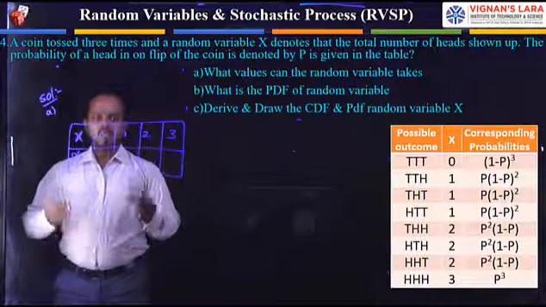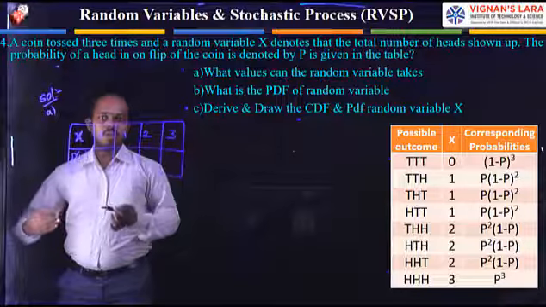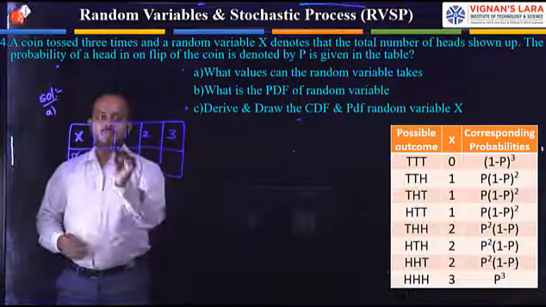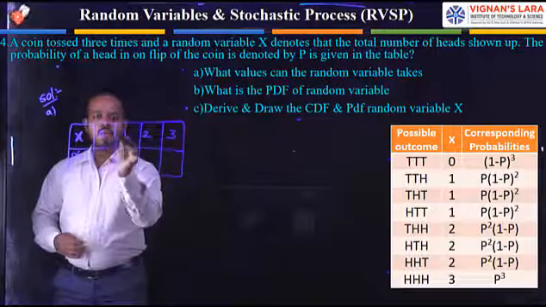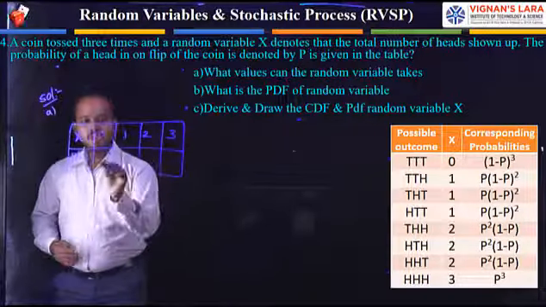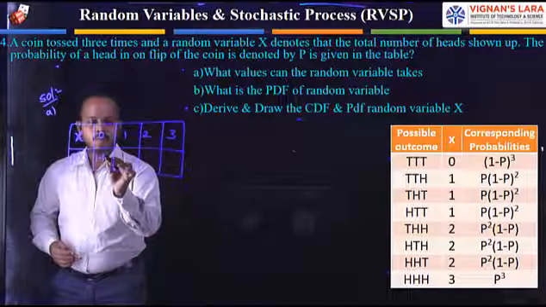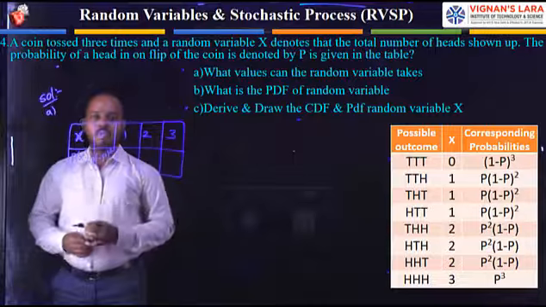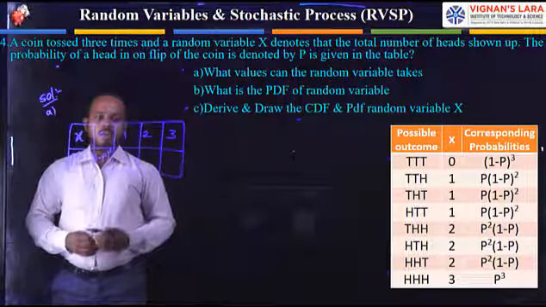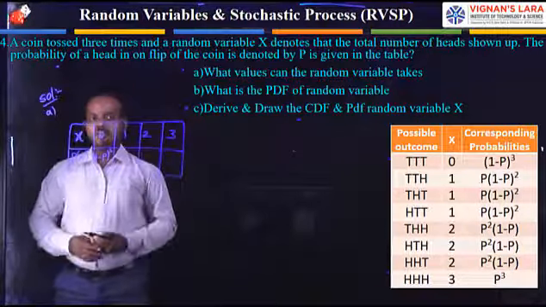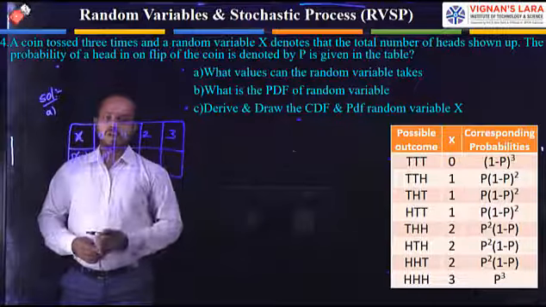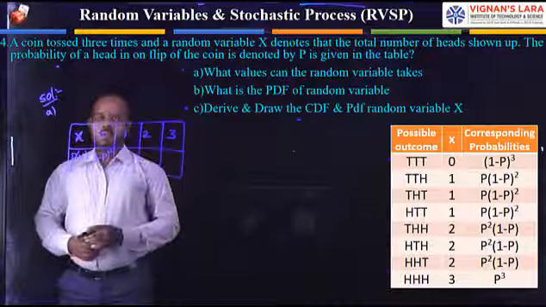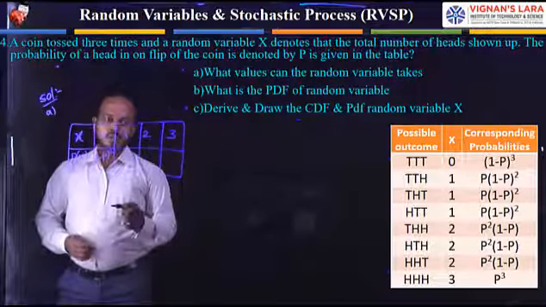Already we are having the numbers in tabular form. But here we are taking how many values the random variable can take. I am rewriting here. At 0 heads, the value is 1 minus p whole cube. And coming to 1 head appearance, the corresponding probability is p into 1 minus p whole square.